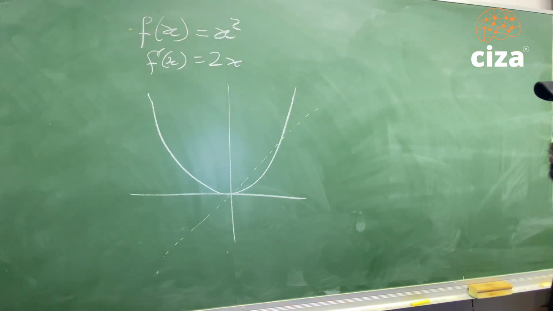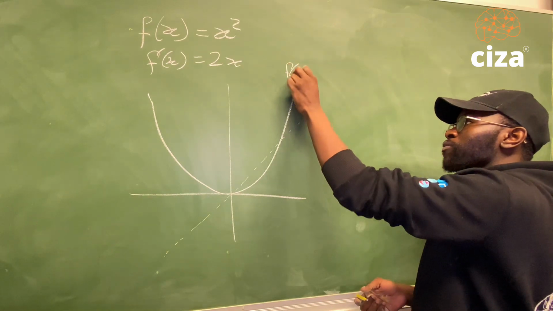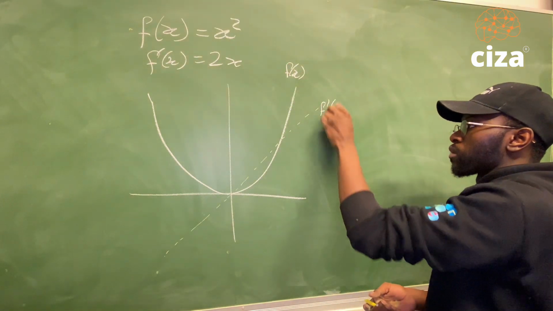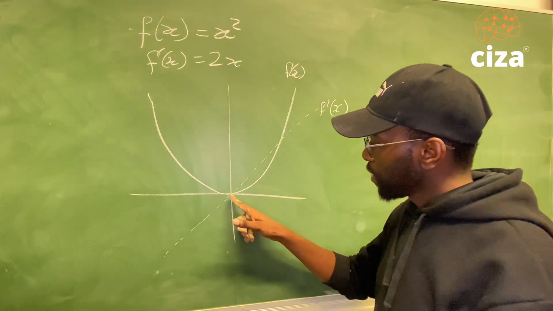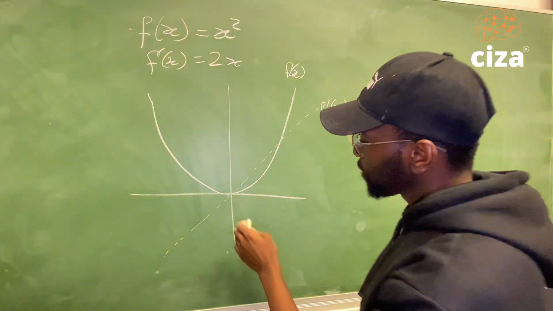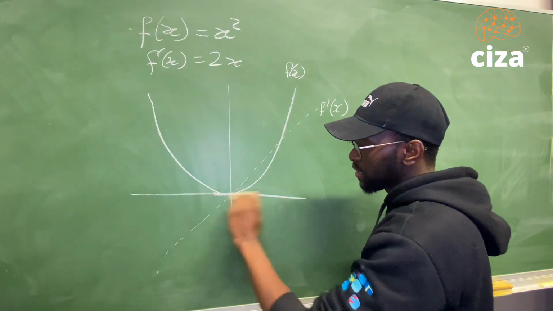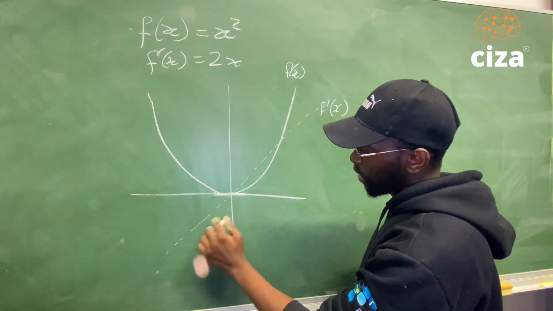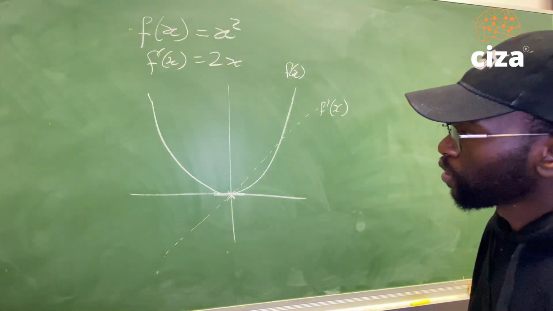Now it is interesting to see that here where the gradient of the original function is 0, the gradient is horizontal, 2x also passes the point 0.